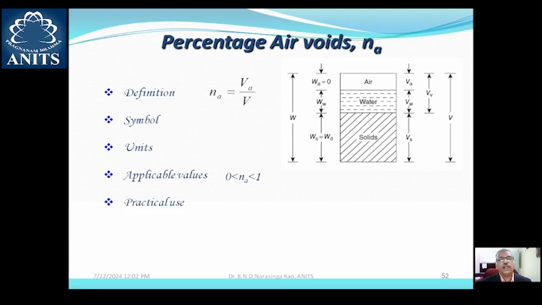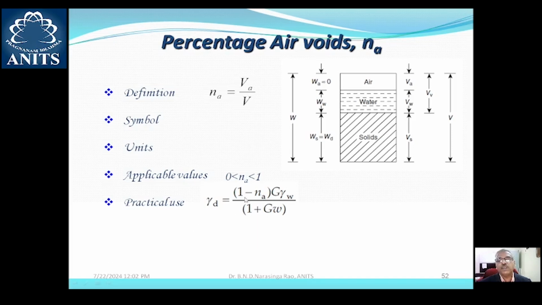So what is the practical use of percentage air voids? Generally, if you consider compaction, which you will see in unit 5 of this course, the effectiveness of compaction is referred to as the removal or expulsion of air from the soil by some mechanical means such as rollers.